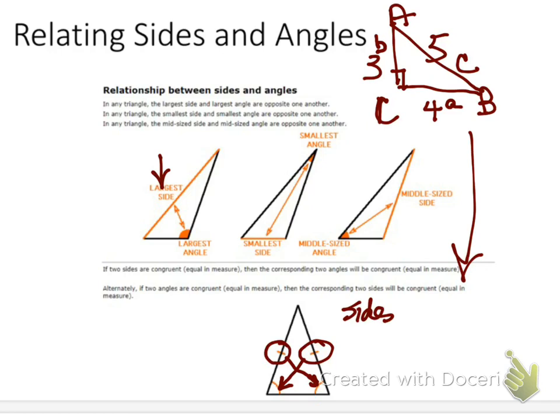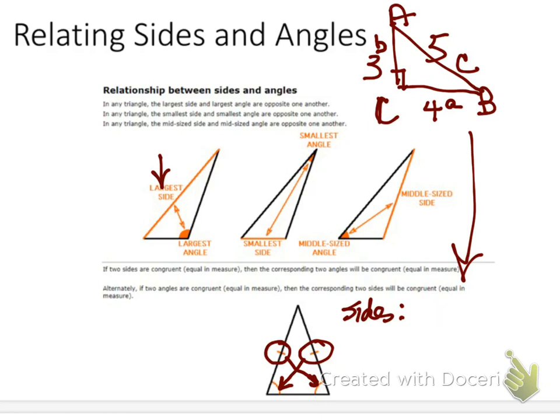So for this triangle, let's list the sides from smallest to largest. So I could say that A is across from, let's see, no, it's B. Sorry, let me erase that.